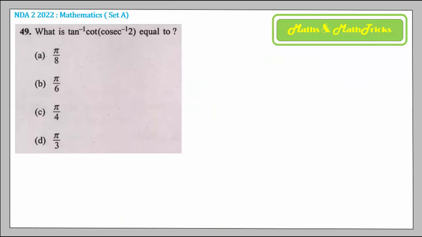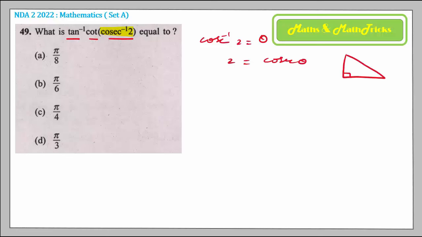Here you are asked the value of tan inverse of cot of cosecant inverse 2. So you have to start from this innermost bracket, cosecant inverse 2. Cosecant inverse 2, if you take it to be theta, you will get 2 is equals to cosecant theta. And if you now draw a right angle triangle with this angle theta acute, opposite there becomes 1 and hypotenuse is 2.